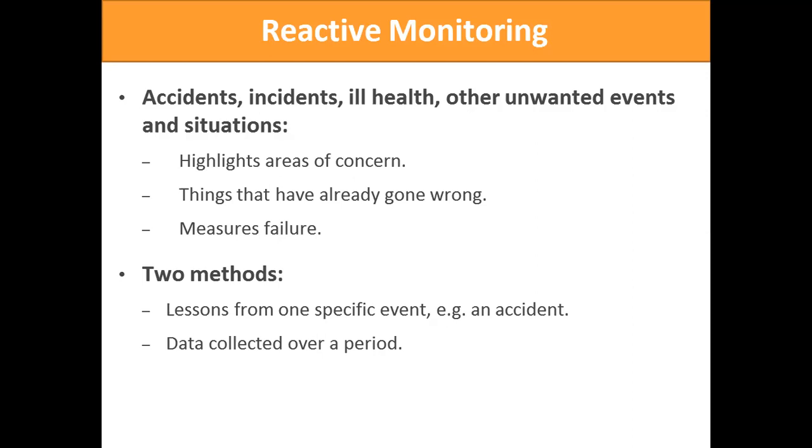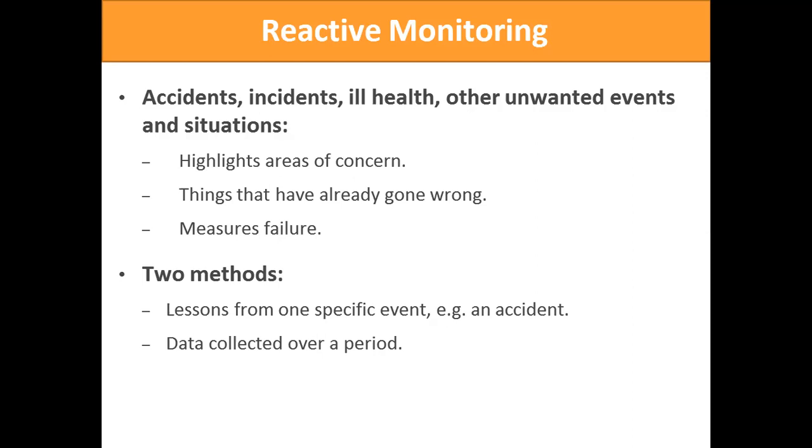Then we will check the things that have already gone wrong, the control measures that went wrong, due to which the accidents or incidents happened. We will check that from the data.